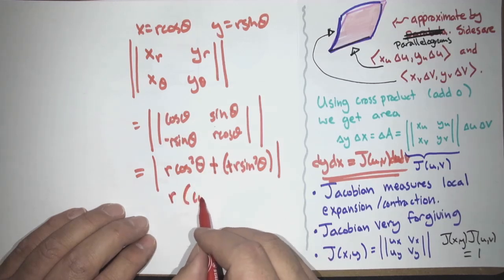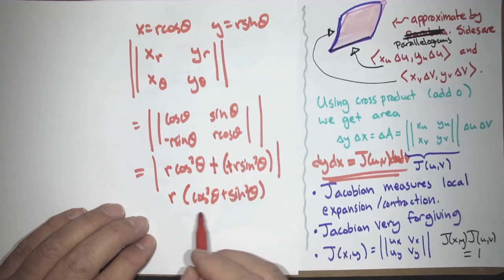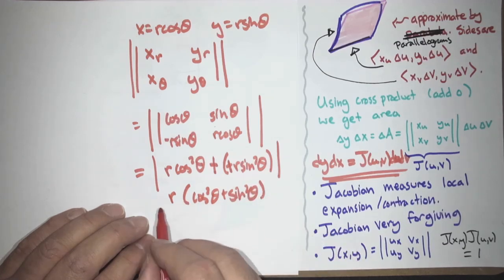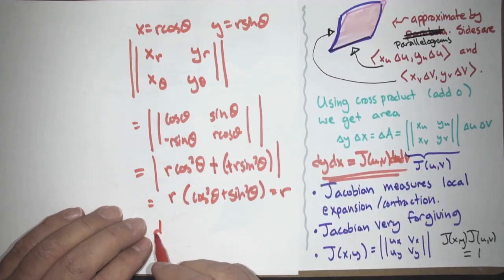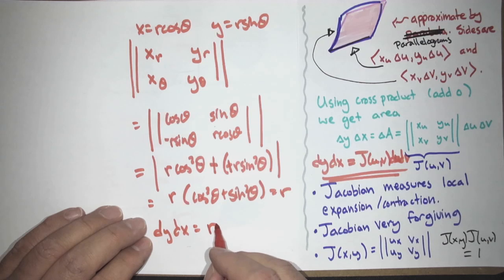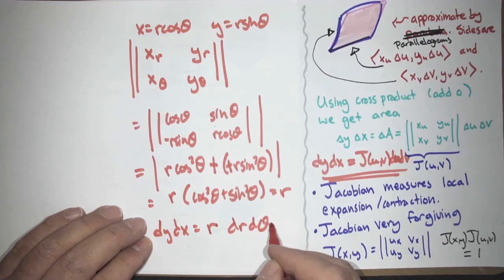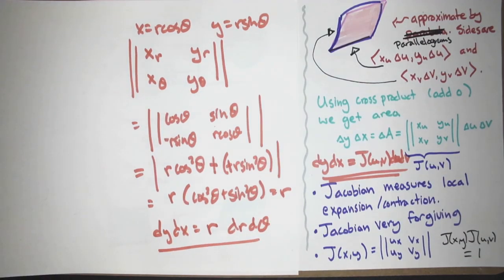This becomes r times cosine squared plus sine squared, also known as 1, so we get r. So what does this say? dy dx is the Jacobian r dr d theta. It matches. Coincidence? No. It's supposed to.